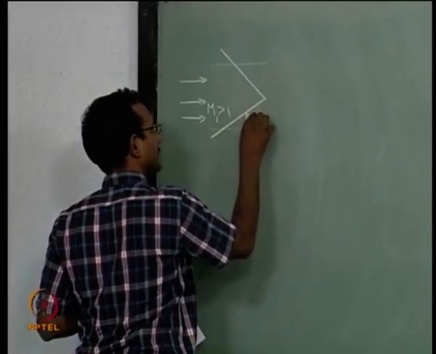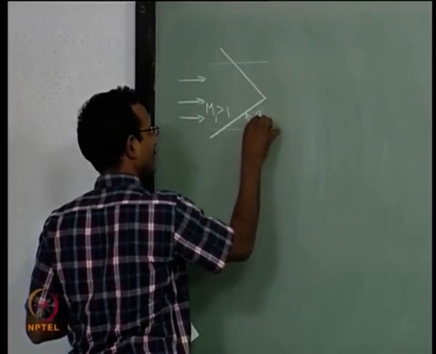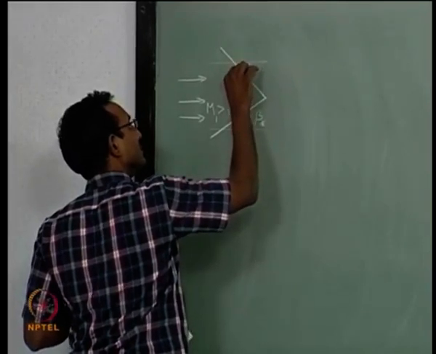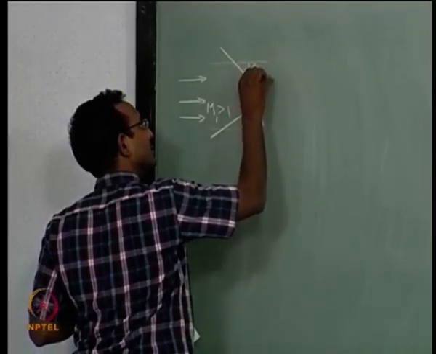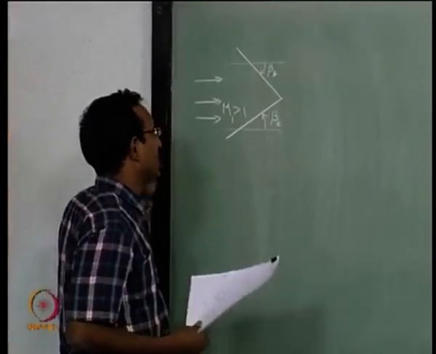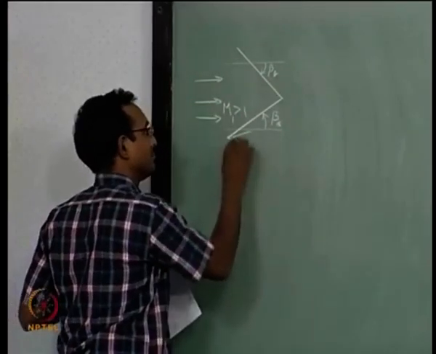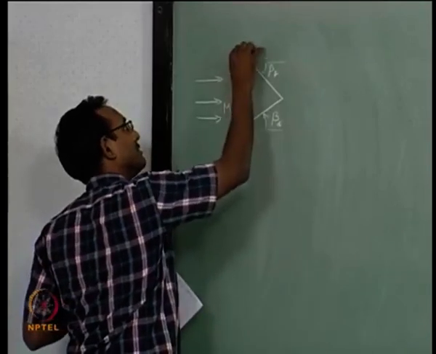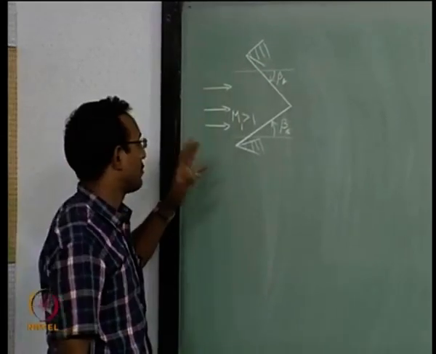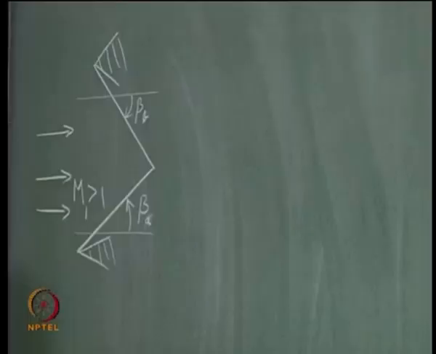I will call this beta A, since 1 will be confusing, and this is beta B. Let us say I have two oblique shocks coming from some model here, there is a wedge here and there is another wedge with higher angle here. I am not worried about what is happening to the wedge later, we are just interested in what happens to these two shocks when they meet.